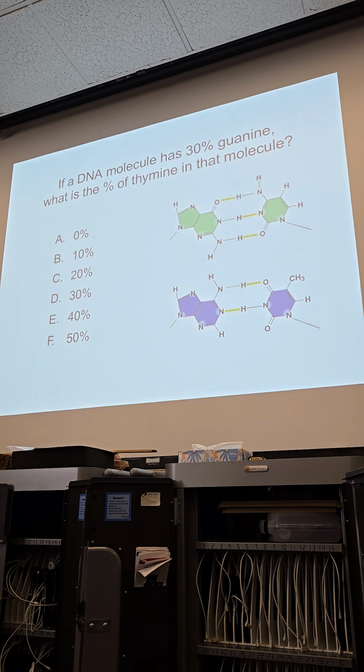Okay, Dr., I have no idea. I said 20%. Because if 30% is guanine, another 30% has to be C. If 30% is G, therefore how much is C? 30%, therefore 60% is now gone, right? Because we have G equals C. So then you need 40% divided by 2, which is equal to 20%.